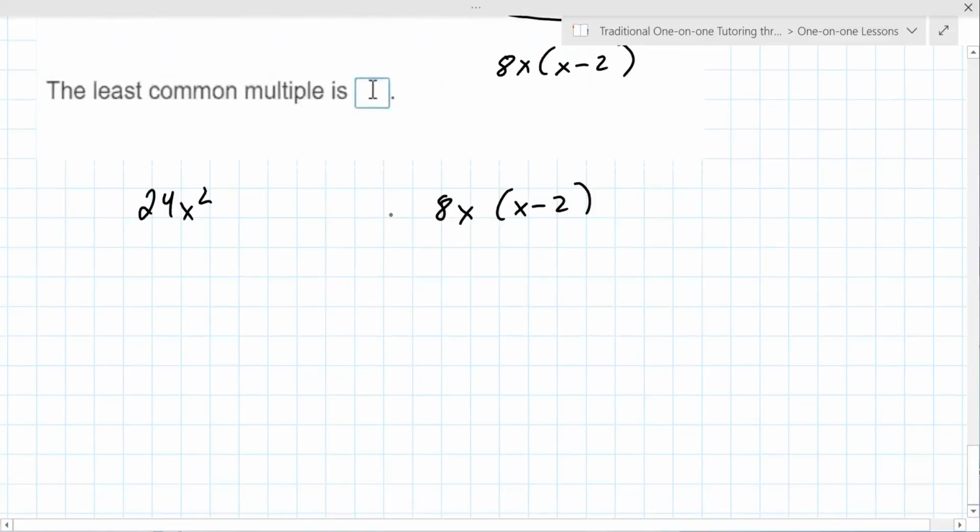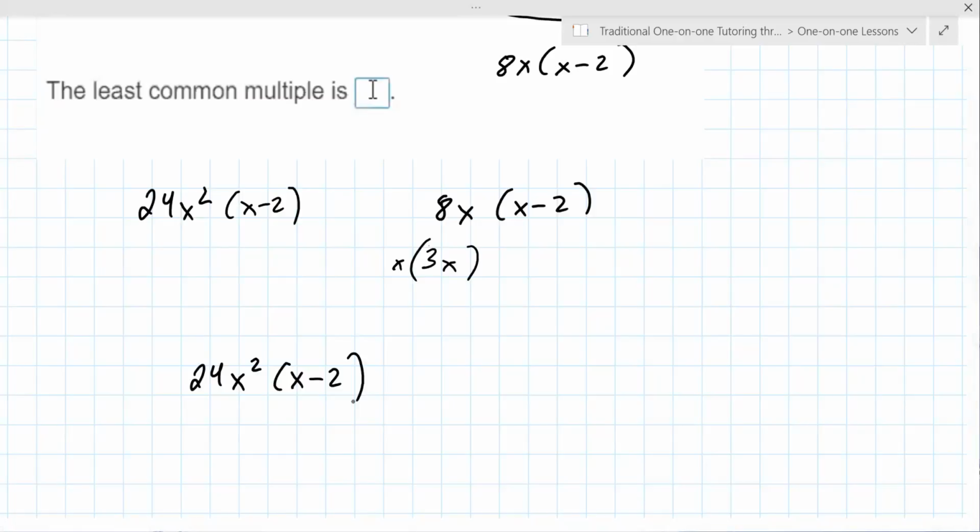For example, 24x squared, you can get from the 3x by multiplying by 8x. 8 times 3 is 24, x times x is x squared. Do you see that? And then the x minus 2 is missing from over here, so if you multiply by x minus 2, you get x minus 2. So it would be 24x squared times x minus 2, maybe?